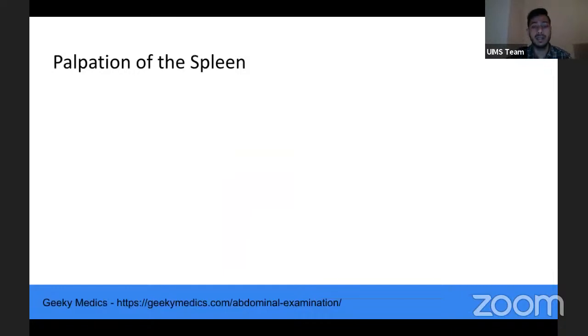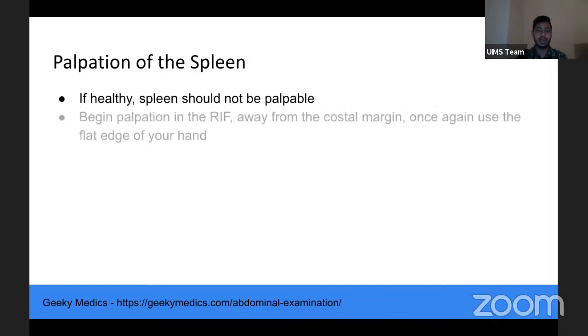Onto the spleen. If you're healthy, you really shouldn't be able to palpate many of the organs, to be completely honest. So the spleen is no different. Shouldn't be able to palpate it. However, if we are palpating for the spleen, once again, we should begin the palpation in the right iliac fossa, far away from the costal margin.